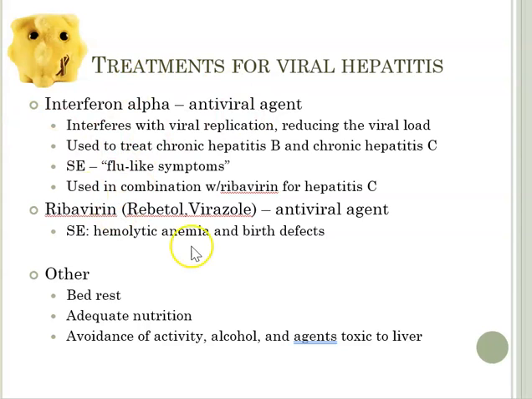You'll see nurses that have accidental needle sticks that will be offered hep C treatments prophylactically, and a lot of times they'll say no if the patient tests negative because of how crummy that treatment makes them feel. And this is going to be used in conjunction with ribavirin, and that is an antiviral agent, and some of the side effects for these are going to be hemolytic anemia and birth defects.